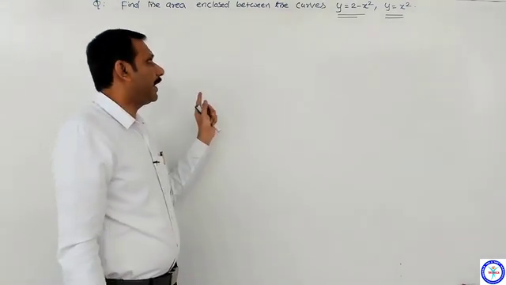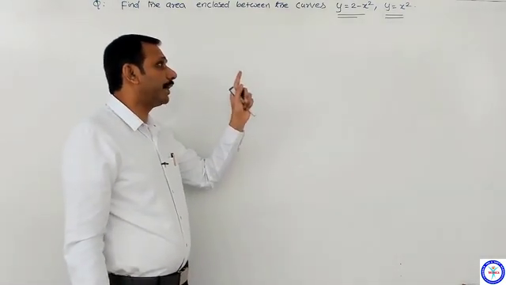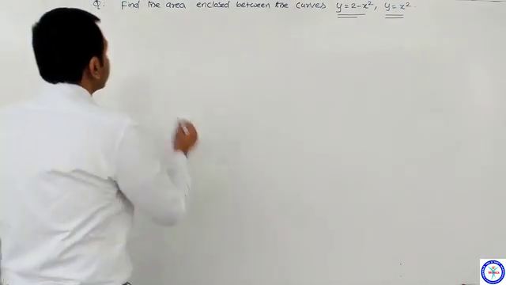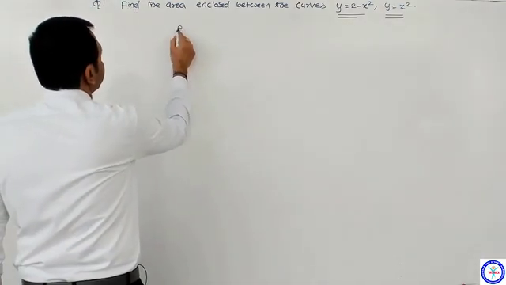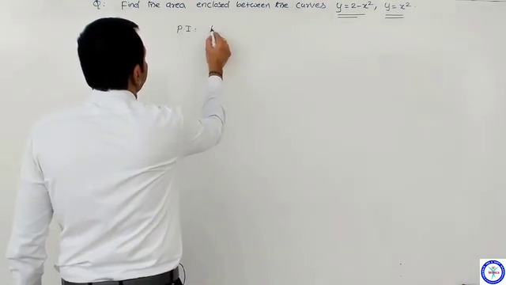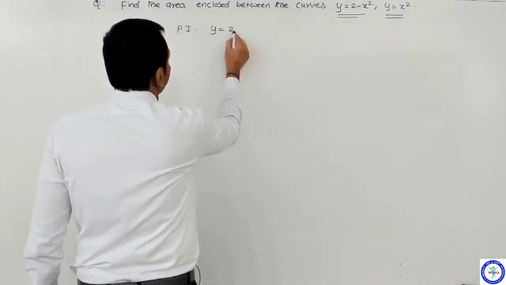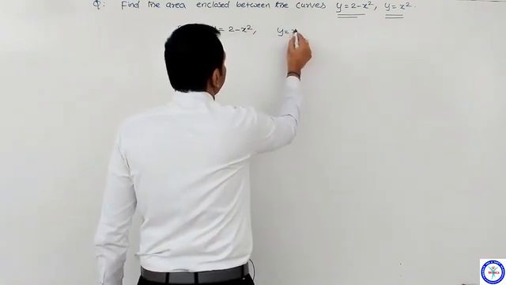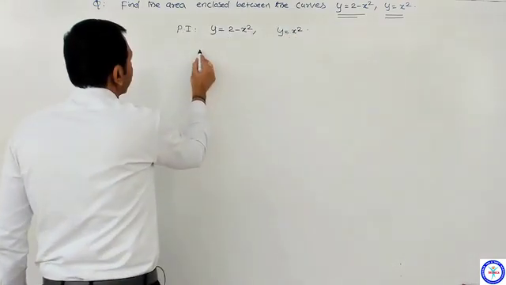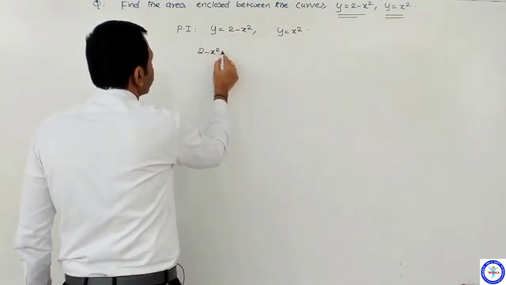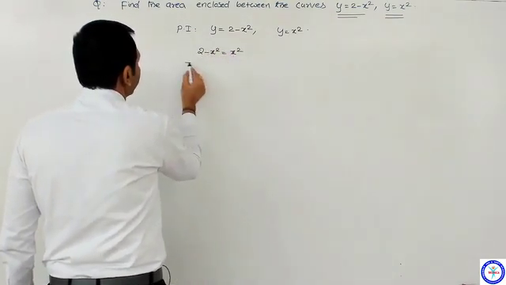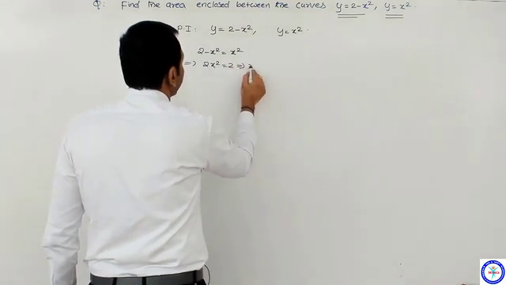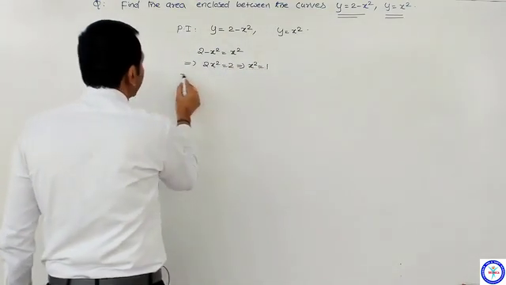In the same way, first let us try to find the point of intersections of these two curves. What is the first one? Y equal to 2 minus x square, and the second curve y equal to x square. 2 minus x square equal to x square implies 2x square equal to 2, x square equal to 1.